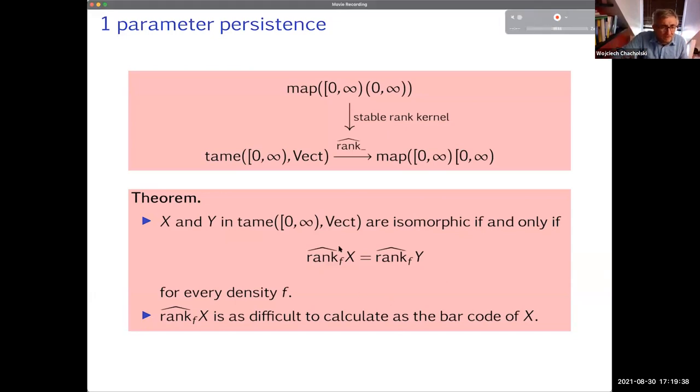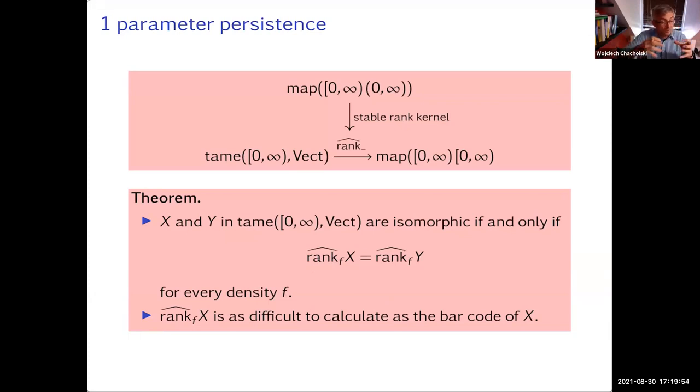And these invariants: we typically represent a parameterized vector space by barcodes. Here I propose to represent them by these stable ranks. But the idea is that you can recover the barcode from them as well.